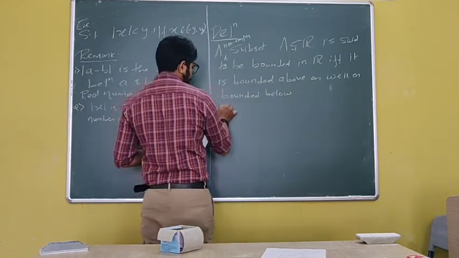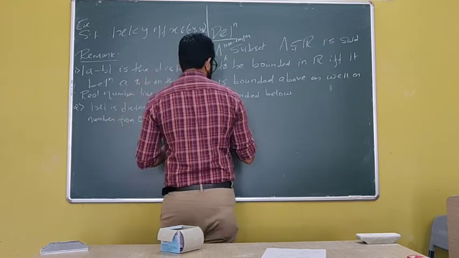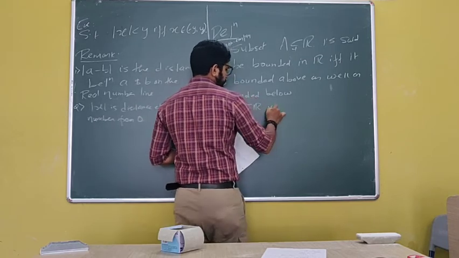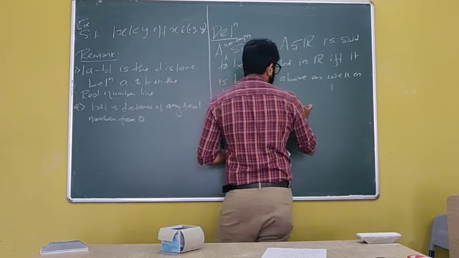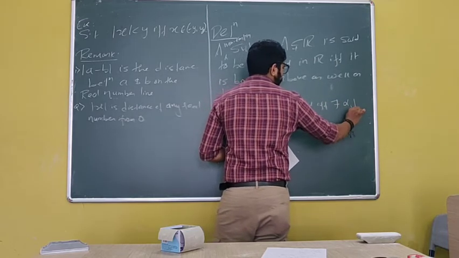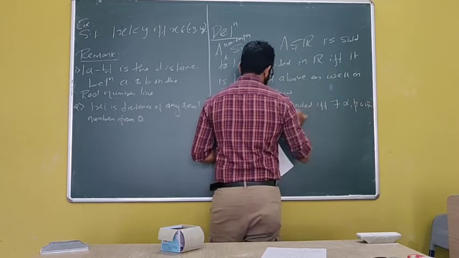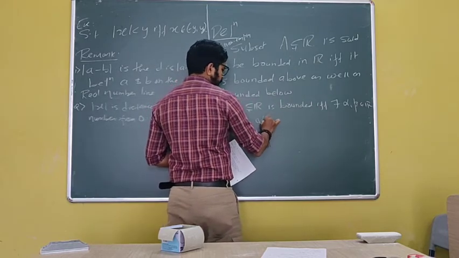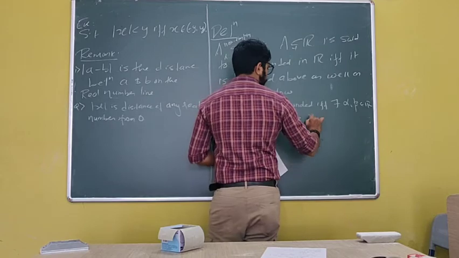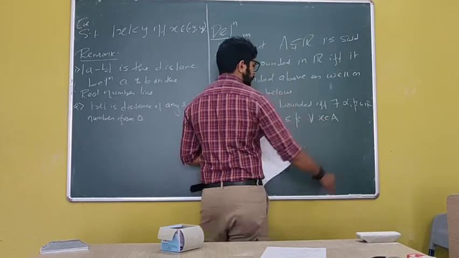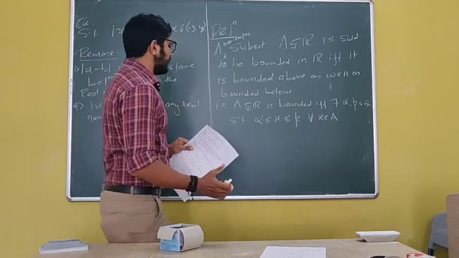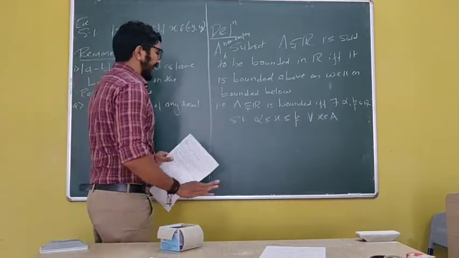That is, a subset of R is bounded if and only if there exist alpha, beta in R such that alpha is less than or equal to x, less than or equal to beta for every x in A.